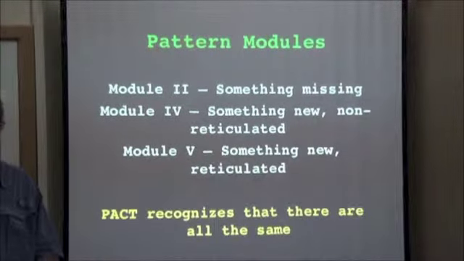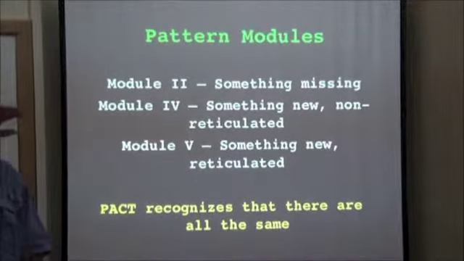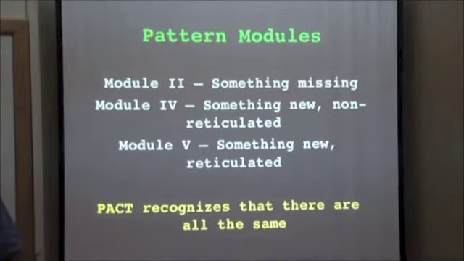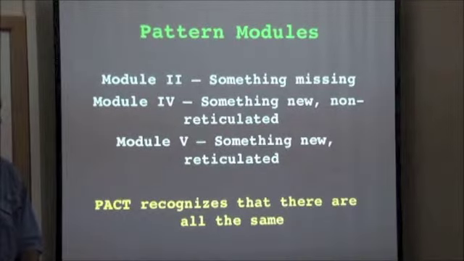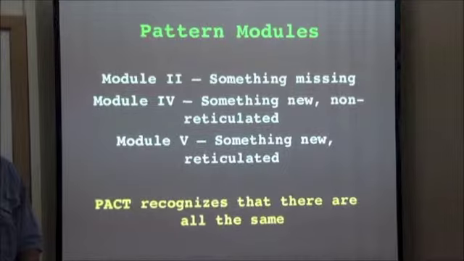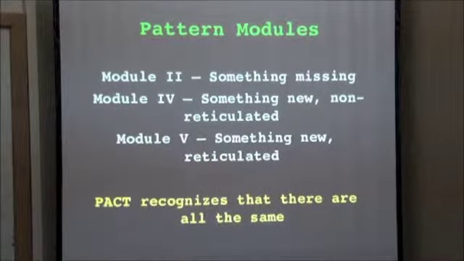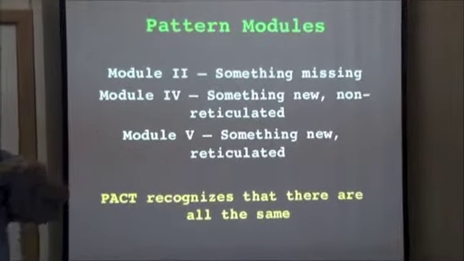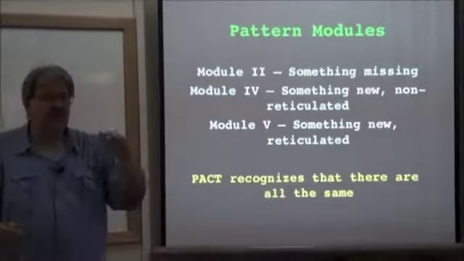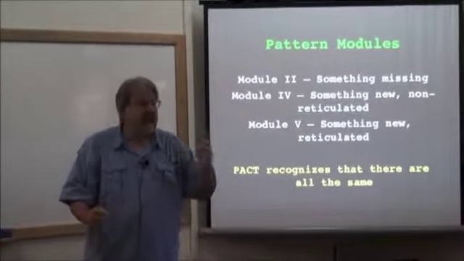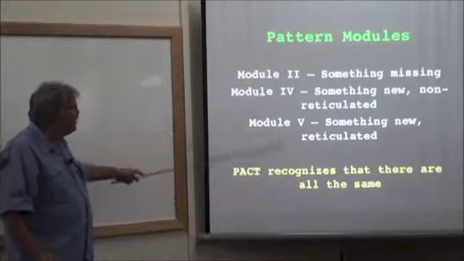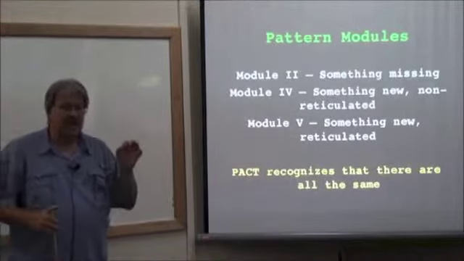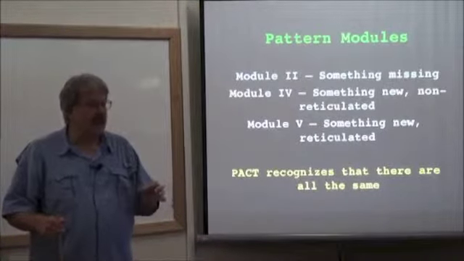The difference between something missing from the new tree and something extra in the new tree is just a matter of the sequence in which you add them. And whether the new information produces a reticulation or not, it's just added in the same way. So all three of these pattern modules, as far as PACT is concerned, are the same thing.